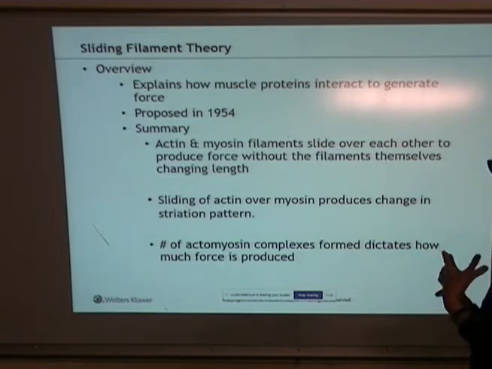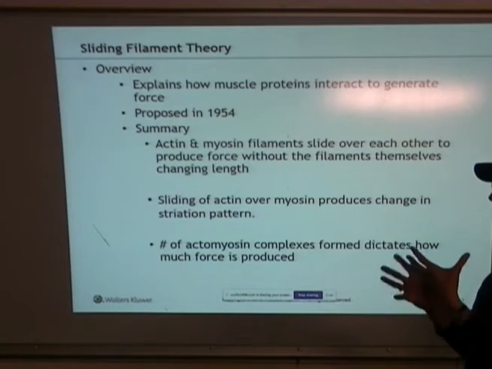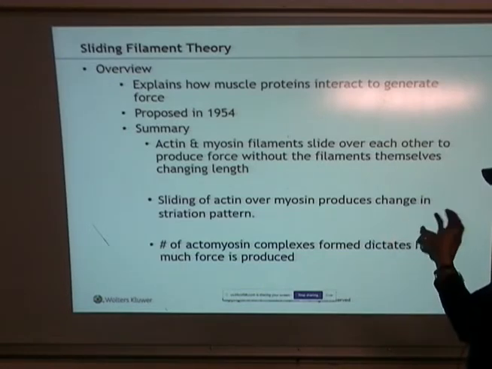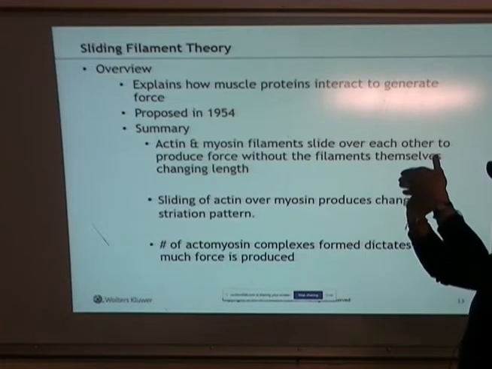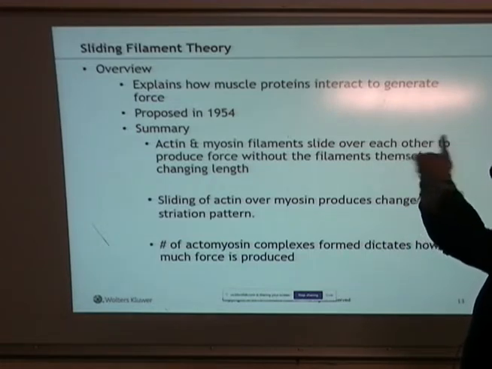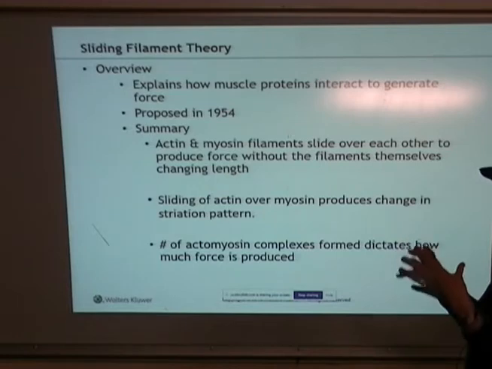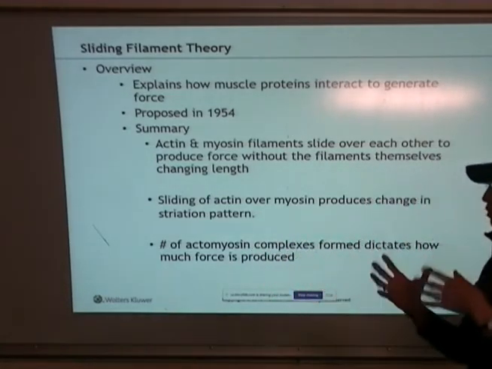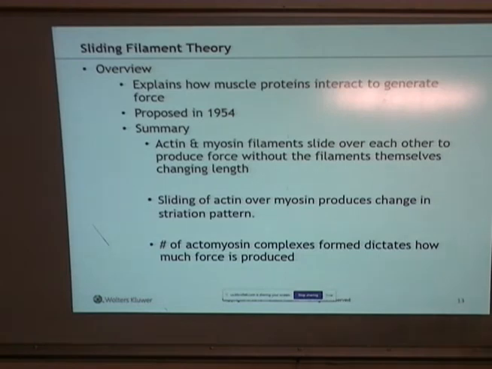We also want to understand that the number of these complexes that are formed, so the number of myosin heads that are attached to actin filaments, drives how much force can be produced at that time. And that becomes important when we start looking at angles to force production and ideas like that.